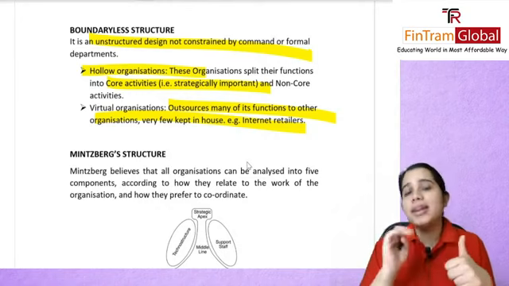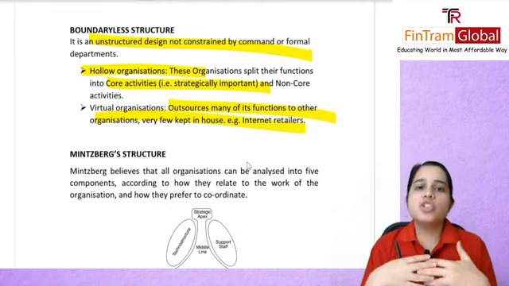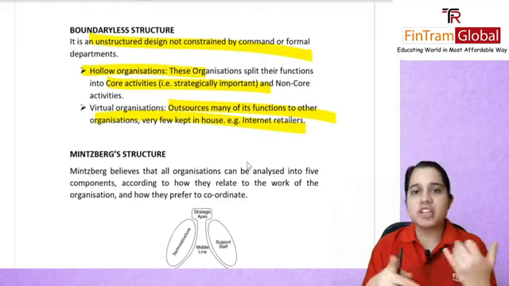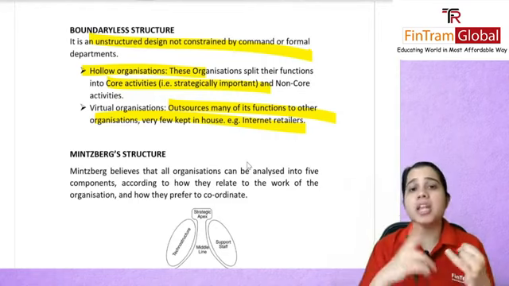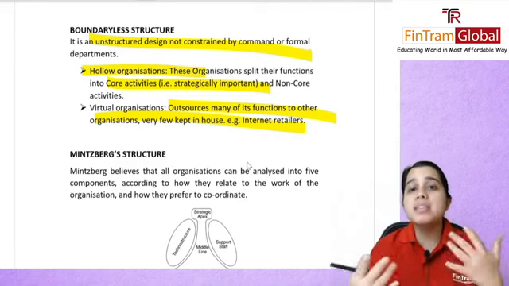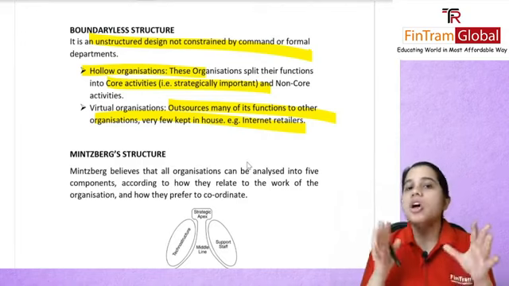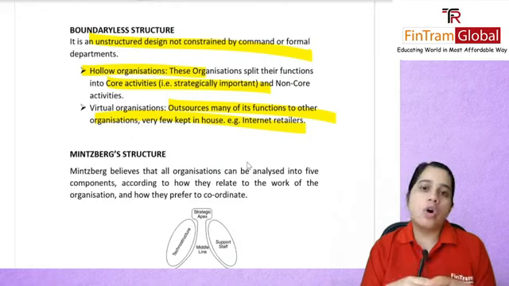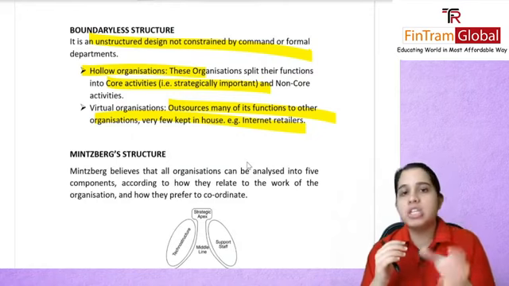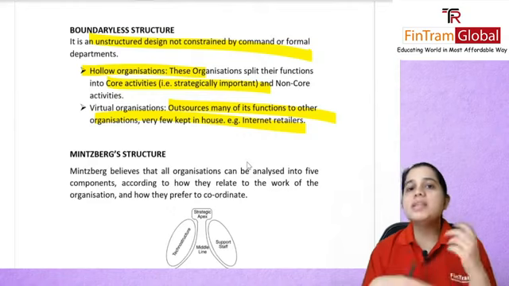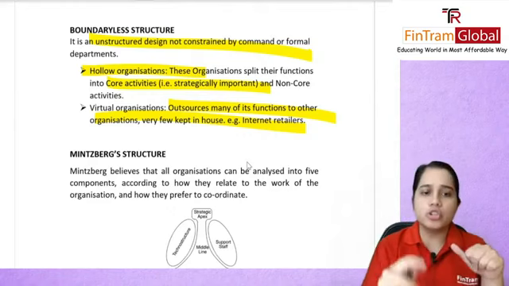You need to go online and buy. So these organizations would usually outsource most of the functions. Like there'll be a different organization doing their delivery, maybe another organization handling their customer calls and all of that. So these are your virtual organizations. It's not like they will only outsource their non-strategic or non-core activities. They can outsource any of the functions.